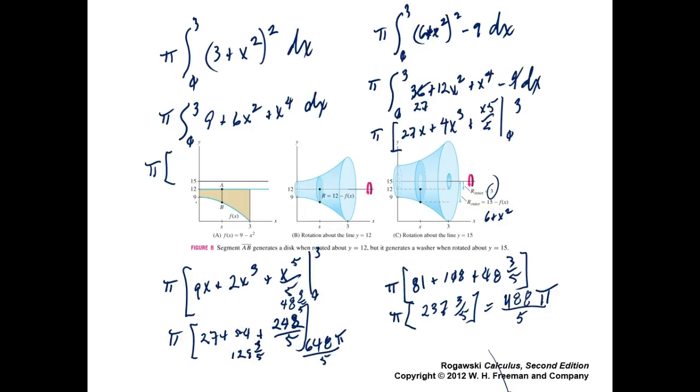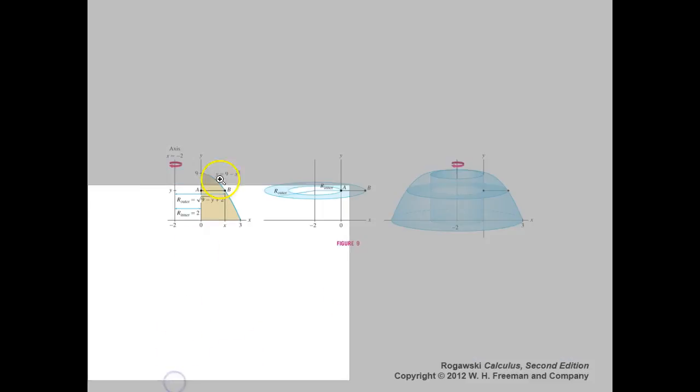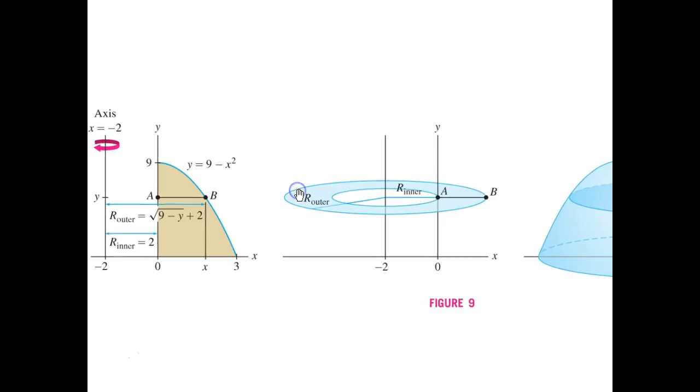Now, so much for that. Now they've been trying to get to this thing all along. Let me blow it up just for the time being. We're going to get right back down after this. What we have here is revolving around a vertical axis. Revolve the volume of a solid obtained by rotating the region under the graph of f of x equal to 9 minus x squared.